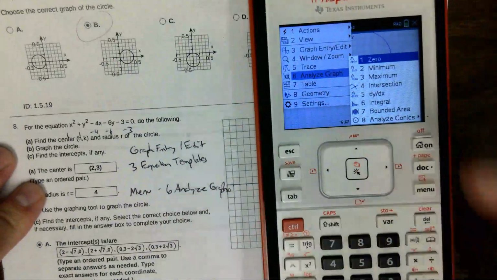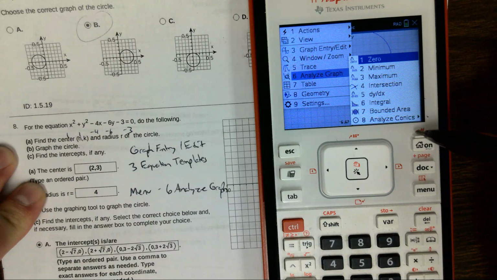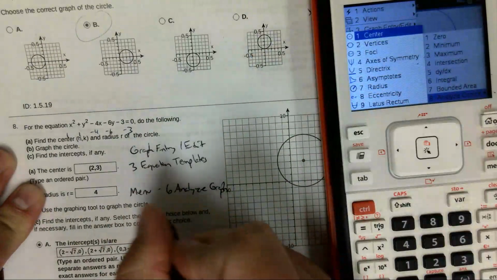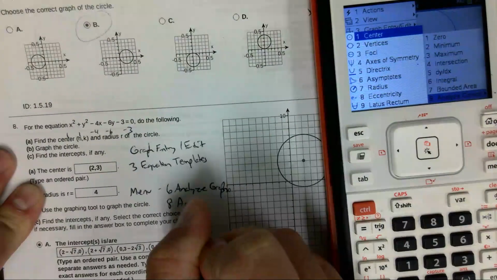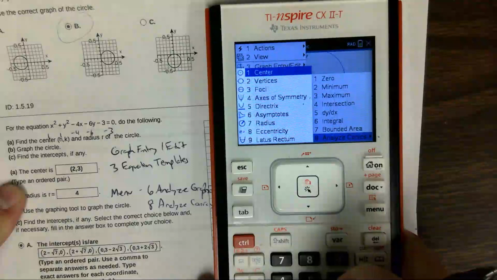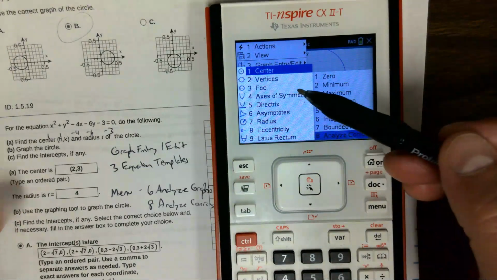That's where you would normally do your minimums, maximums, zeros, intersections. But then there's also number 8, which is analyze conics. And it has a new menu.